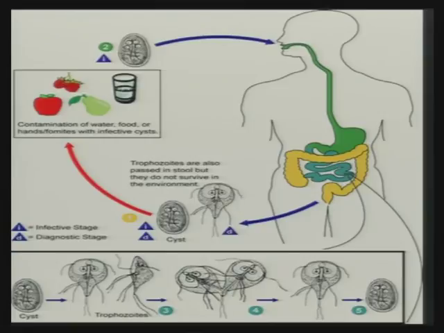And very simple right now, I'm going to tell you, forget everything about egg, larva, and adult. From now on, we don't want to see any writing down of eggs, because this is only cyst and trophozoite. So it's a very simple life cycle.